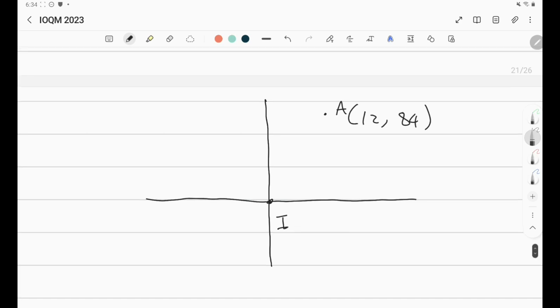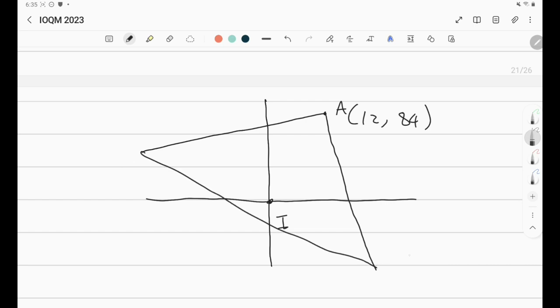Our triangle is something like this. And remember that I is the incenter. Of course, my drawing is very bad.